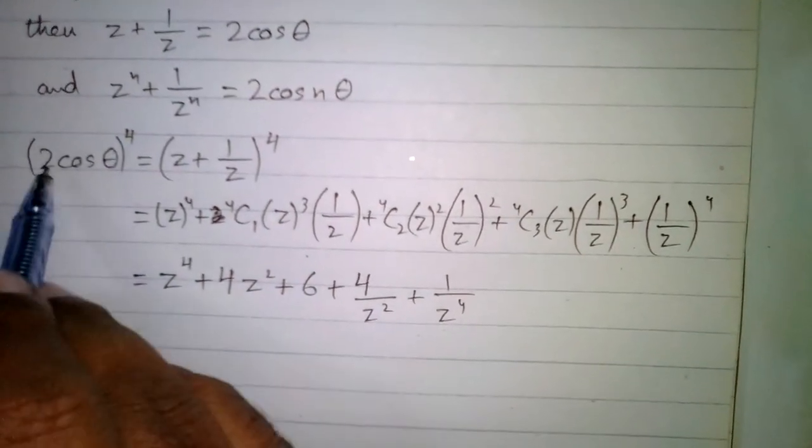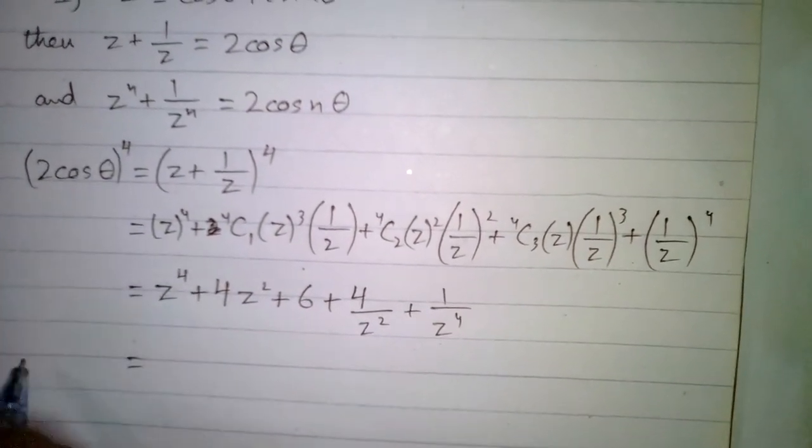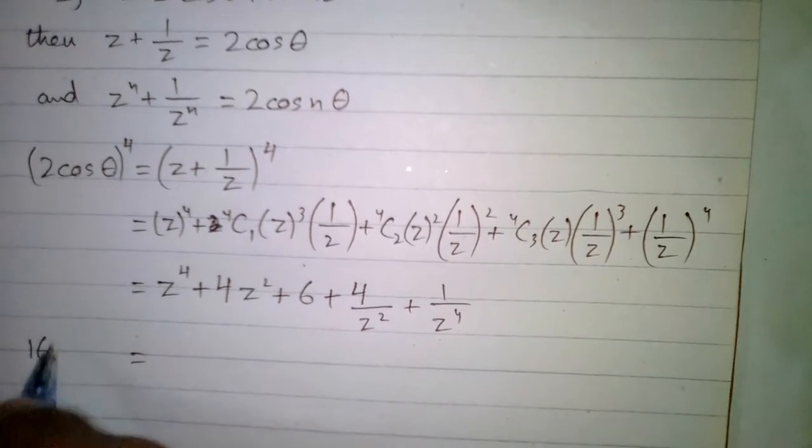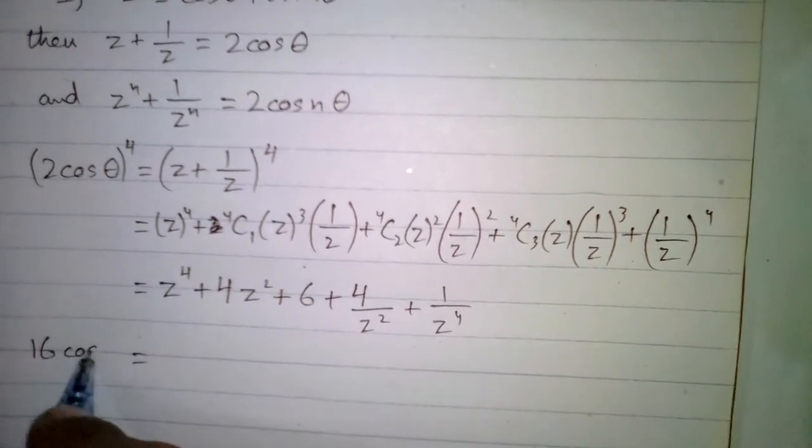Now here we can see that 2^4 is equal to 16 and the left side is 16 cos^4 theta.